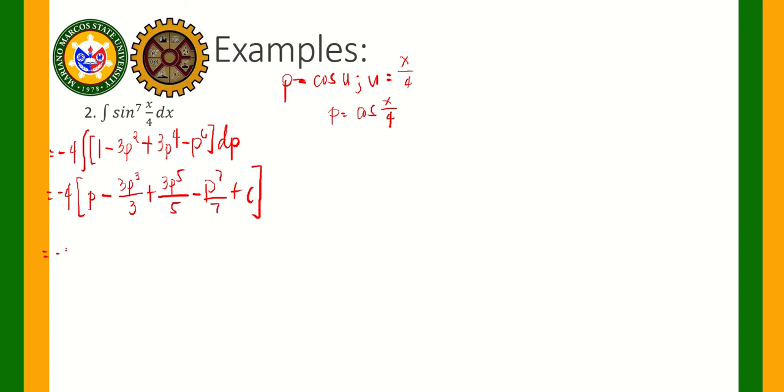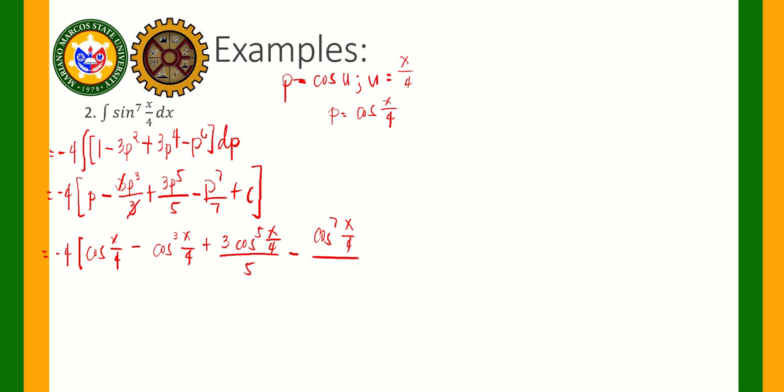So this will be equal to negative 4 times cosine x over 4, okay, so this will cancel, minus cosine cubed x over 4 plus 3 cosine raised to 5 x over 4 over 5 minus cosine raised to 7 x over 4 over 7, and then plus c.